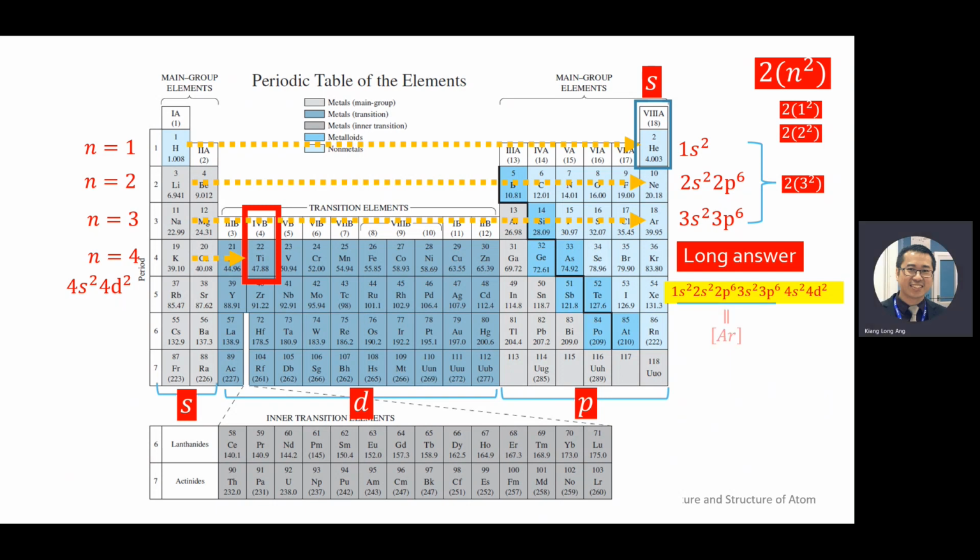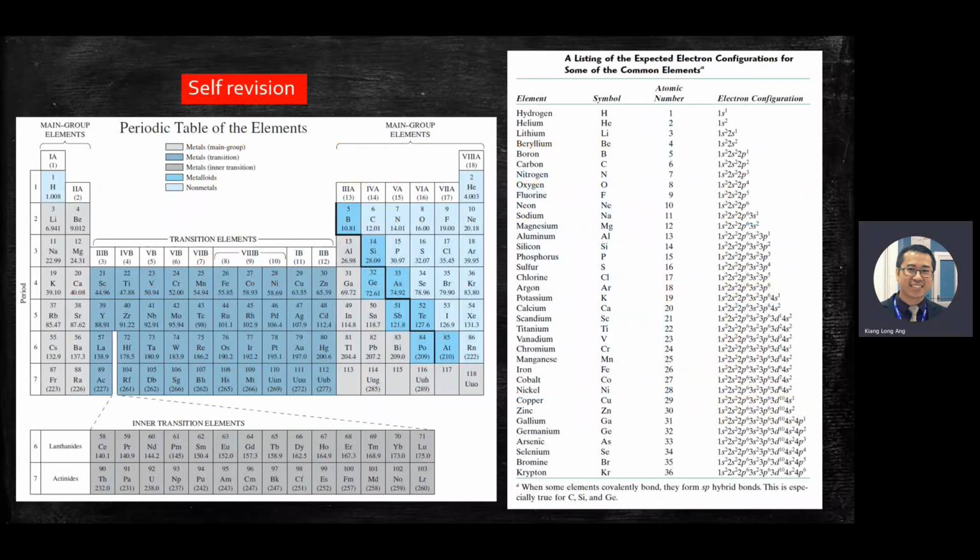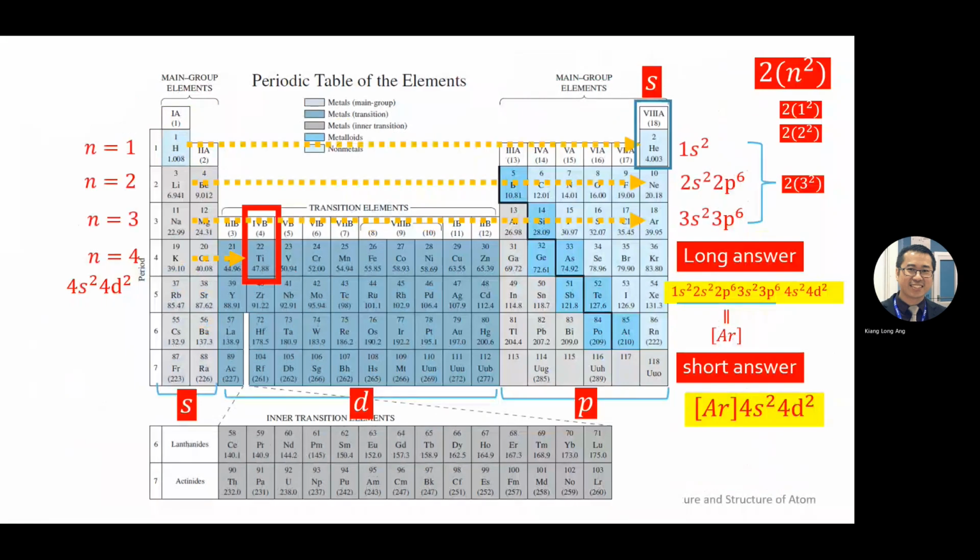Let me see. Titanium 3d2. Is my periodic table wrong?